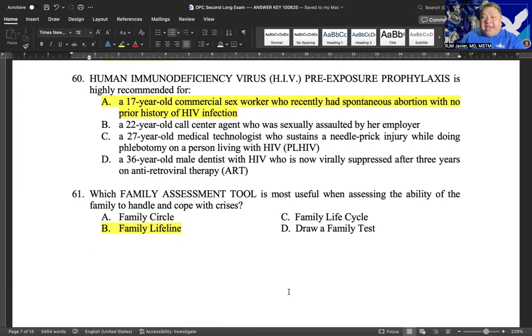And so B and C would refer to post-exposure prophylaxis. Option D, because the patient is already HIV reactive, even if the patient is already virally suppressed, the mere fact that he already harbors the retrovirus in his system, there is no more role for pre-exposure or post-exposure prophylaxis.